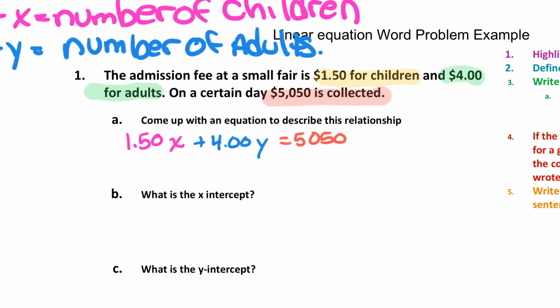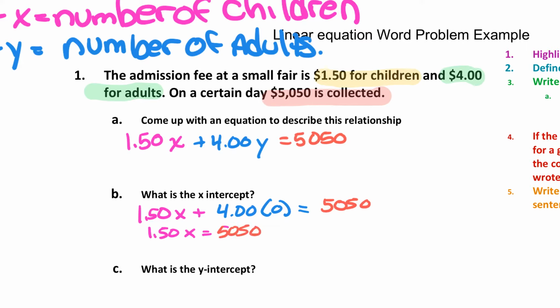Now it says, what's the x-intercept? Well, my x-intercept is when y is 0. So if I plug that in, I get 1.50x plus, we're going to put 0 in for y, is equal to 5050. Because anything times 0 is 0, we get 1.50x is equal to 5050.